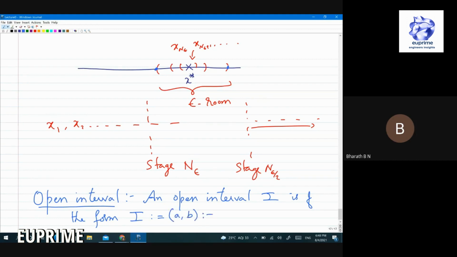This is an interval. It is all the points x on the real line such that a is smaller than x, but b is larger than x. But x cannot be equal to b, x cannot be equal to a. This is an open interval.